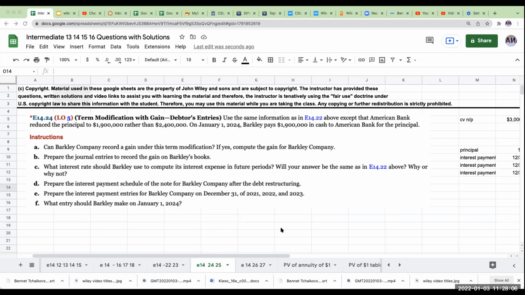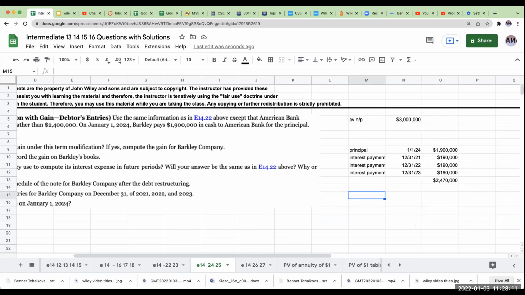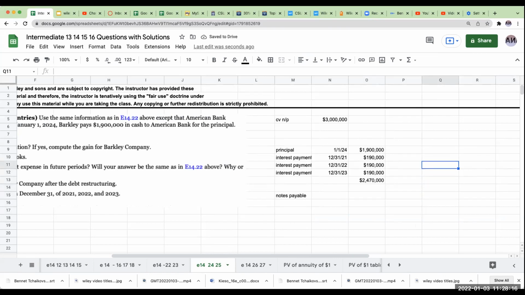So what we're going to do is debit notes payable. Our carrying value of notes payable was 3 million, and our future cash payments are going to be 2,470,000. So my gain on debt restructuring is going to be 530,000.